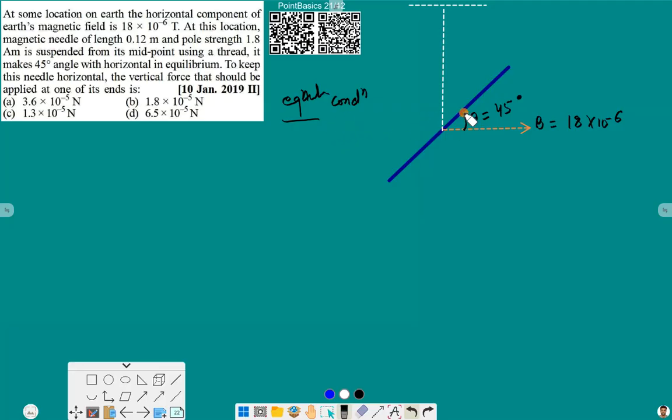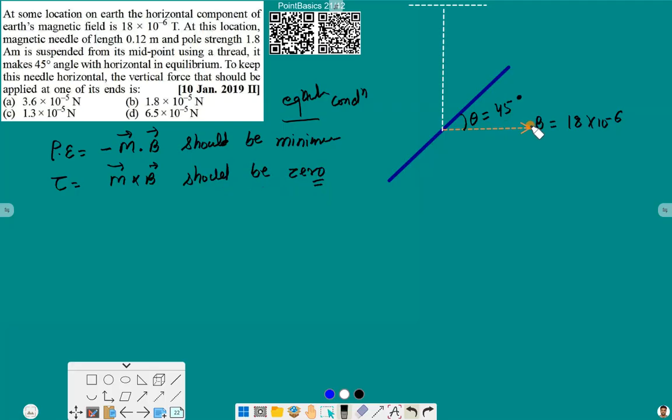We assume that it is right now in stable equilibrium, and if it is in stable equilibrium, then its potential energy, that is minus m dot B, should be minimum, with torque, that is given by m cross B, being 0.